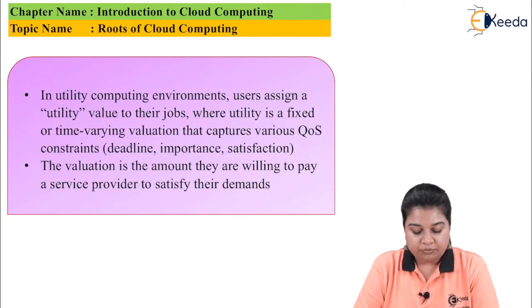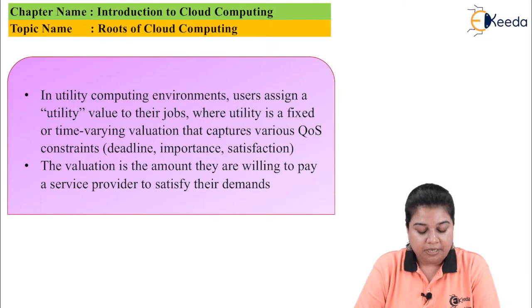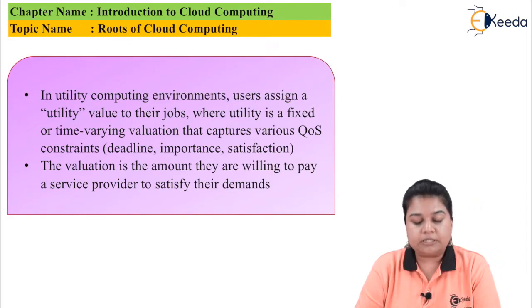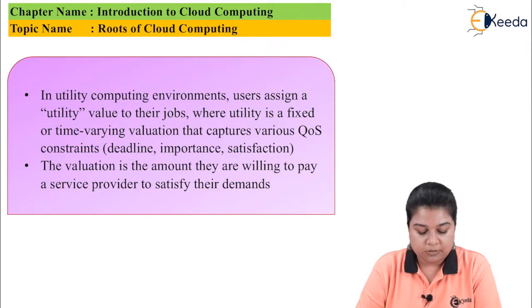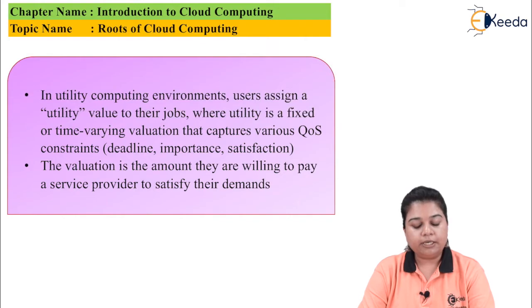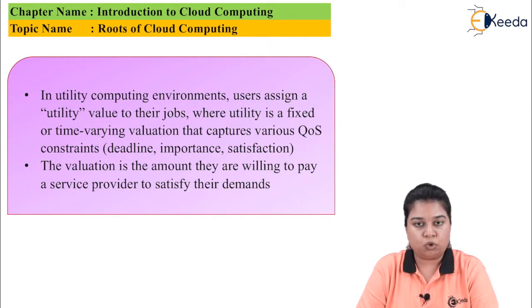The traditional metrics, throughput, waiting time, and slowdown, failed to capture the more subtle requirements of the users. There were no real incentives for users to be flexible about resource requirements or job deadlines, nor provisions to accommodate users with urgent work. In utility computing environments, users assign a utility to their job.